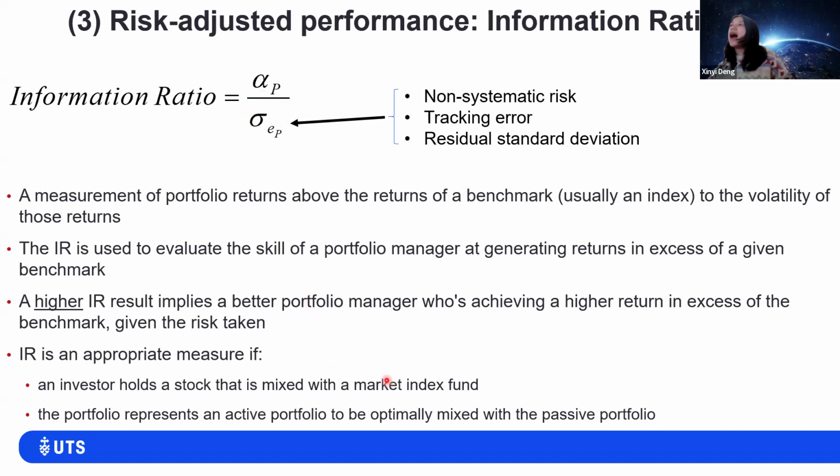The other scenario where the information ratio is appropriate is when the portfolio represents an active portfolio to be optimally mixed with the passive portfolio. Again, in this scenario, the passive portfolio only contains systematic risk, and if we additionally introduce an active portfolio, the risk that we are introducing is actually the non-systematic, unsystematic risk.